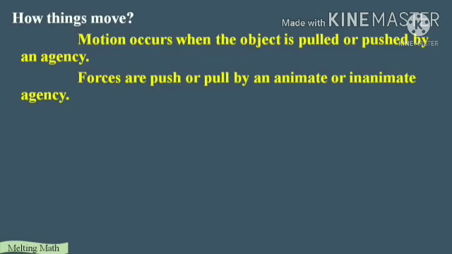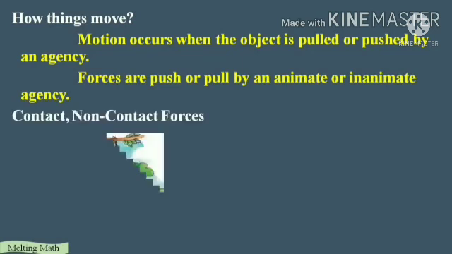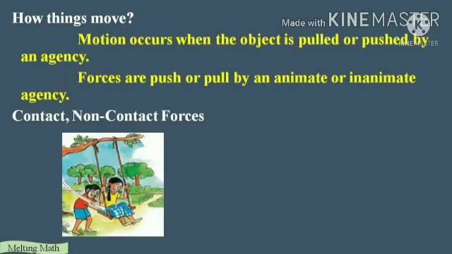Inanimate means non-contact force. Animate force or contact force is the force of push or pull. Look at this picture. It is contact force. The boy moves the swing, touching the rope. So here this is contact force.